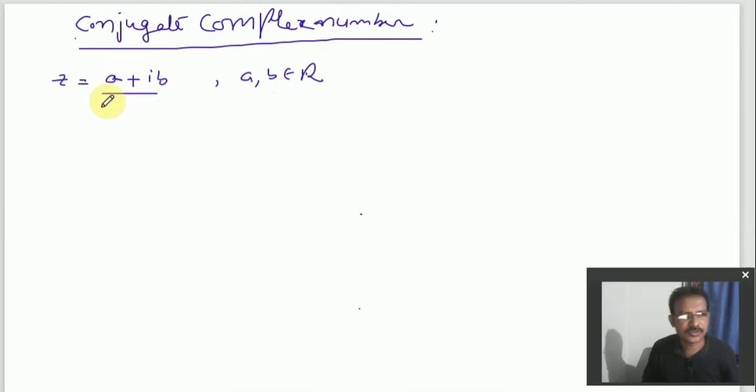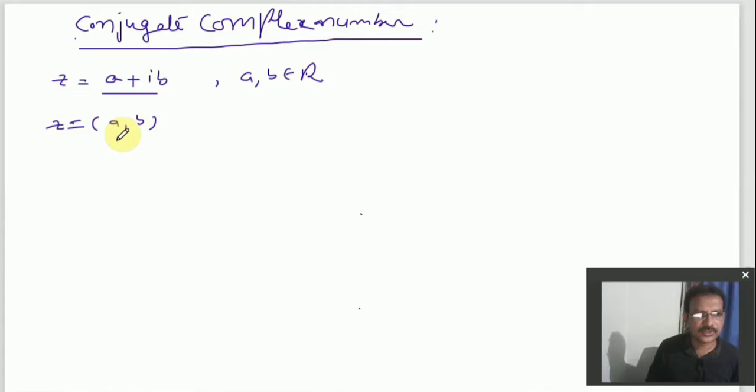Its conjugate is nothing but the reflection of this number with respect to the x-axis. Suppose you consider its coordinates in the Argand plane, a comma b.